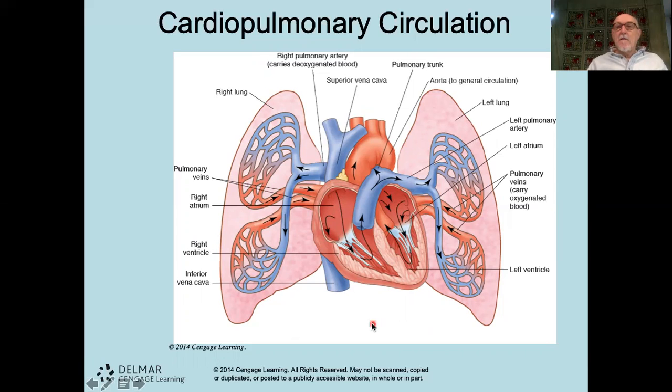And the great veins of the body, which return blood to the heart, are the vena cava. This is one vena cava here. It's the inferior vena cava. It is returning blood from the lower body to the heart, and it returns it to the right atrium here.